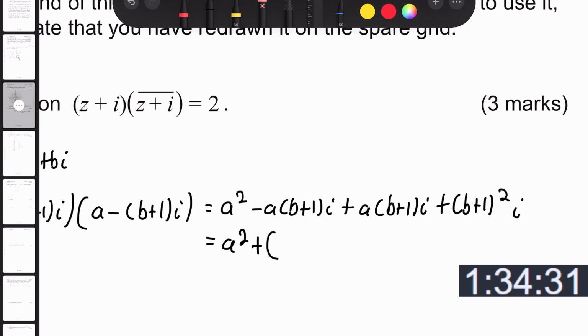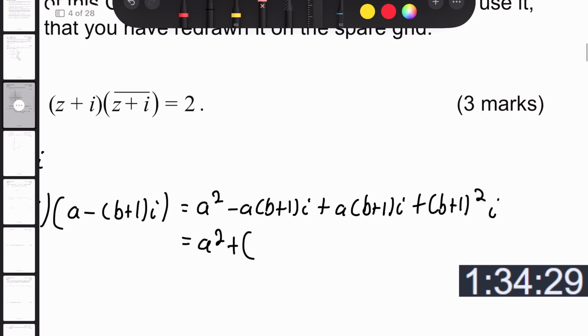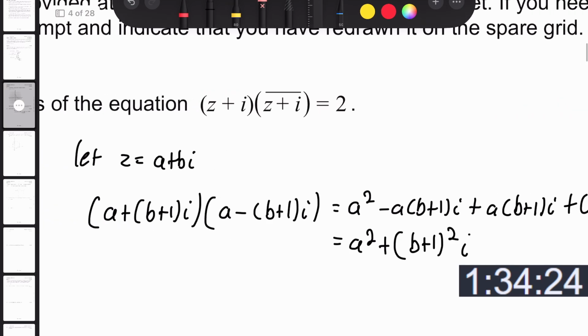Where am I going with this? a squared plus (b plus 1) squared.